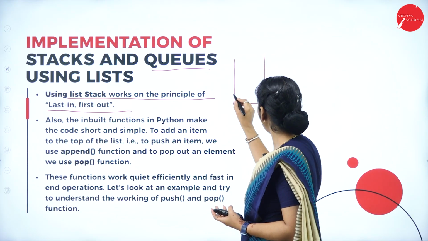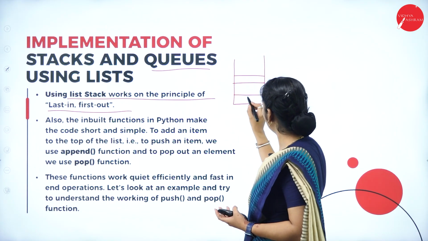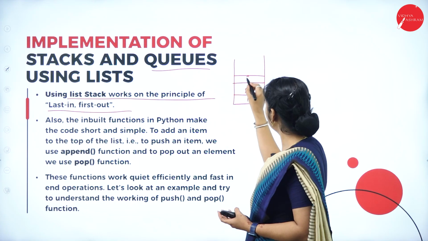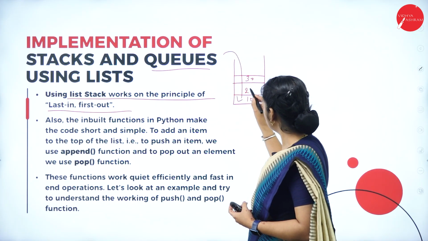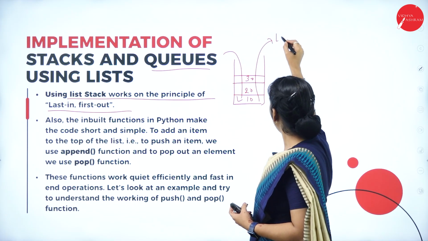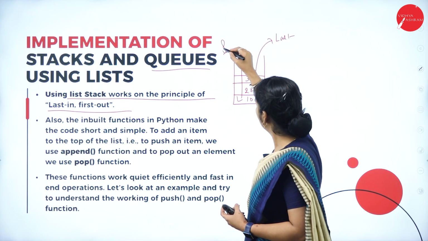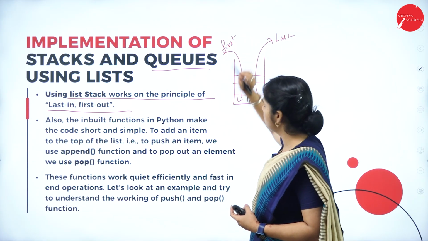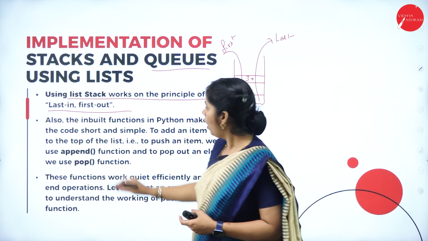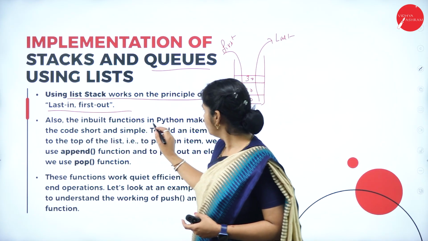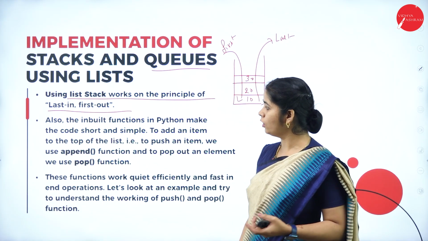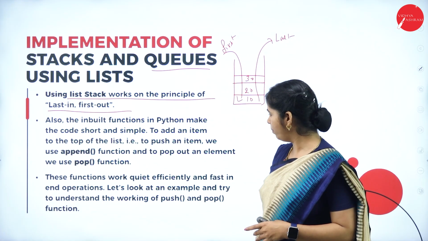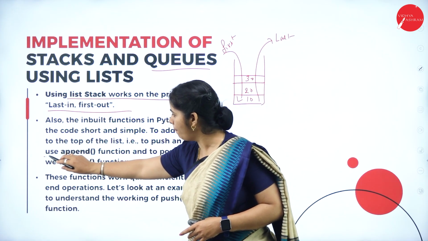This is my stack. I am inserting the elements, that is, 10, 20 and 30 are inserted. Whichever is inserted first will be removed last, right? This is the concept of stack. Also, the inbuilt functions in Python make the code shorter and simpler. To add an element on the top of the list, to push an element, we use append.